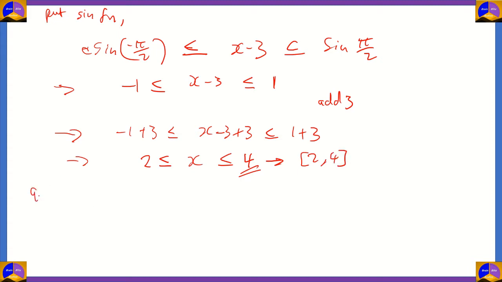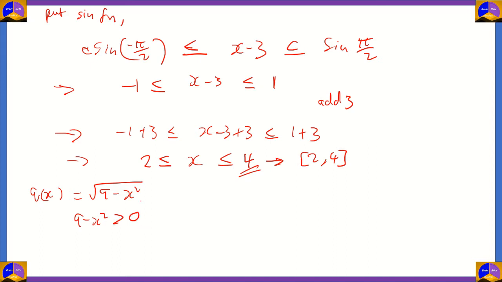Now the other function, q of x, is under root of 9 minus x squared. Since 9 minus x squared is under a root, in order to have real roots, 9 minus x squared has to be greater than 0.